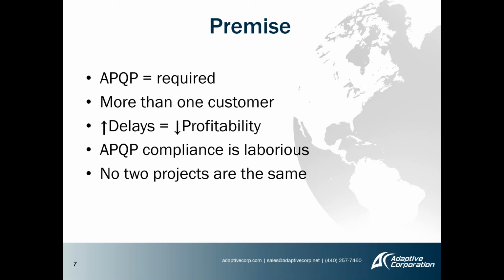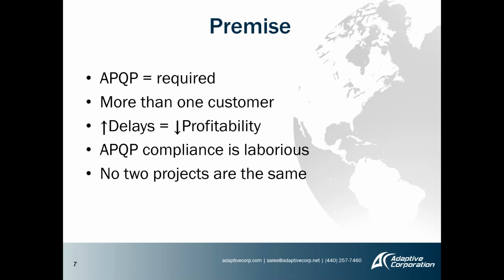Now, another thing that I think is universal here is no matter how lean your customer is or claims to be, if they're not, but they think they are, there's nothing lean about your APQP reporting or certification requirements. You deliver hundreds of documents for every program you work on. Each document has to be in your customer's format, and that takes quite a bit of effort.